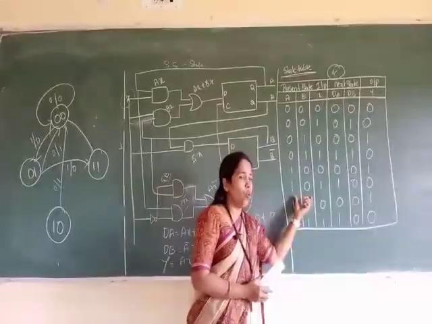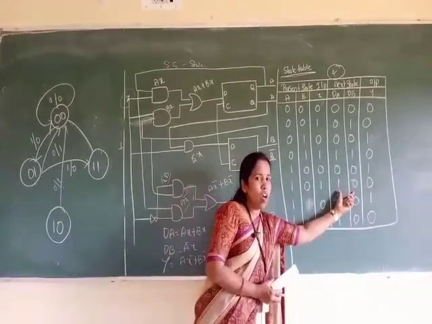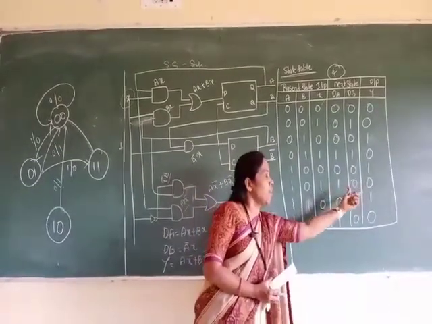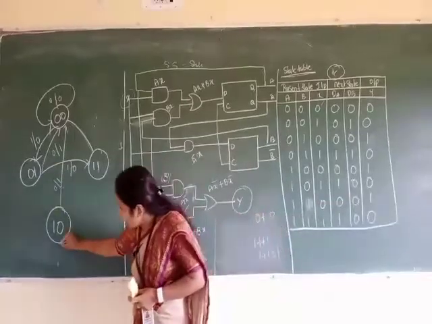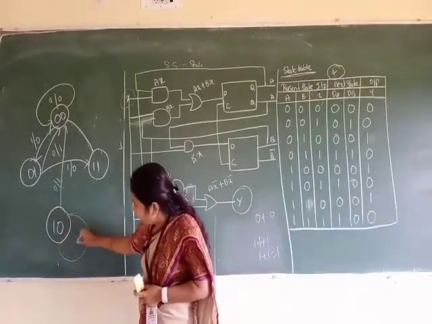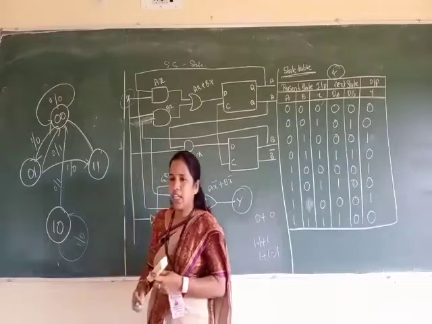After that, for 1,0 the next state is also 1,0, with x value 1 and y value 0.